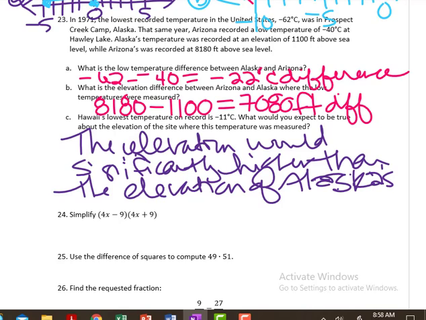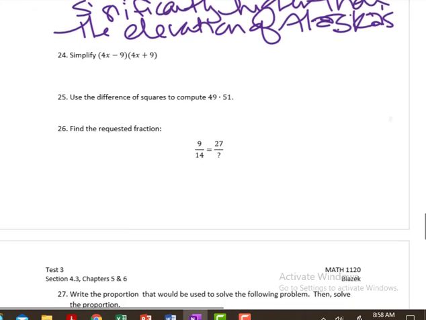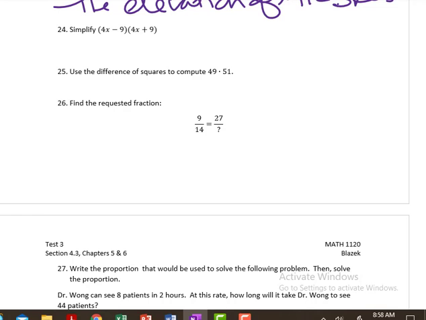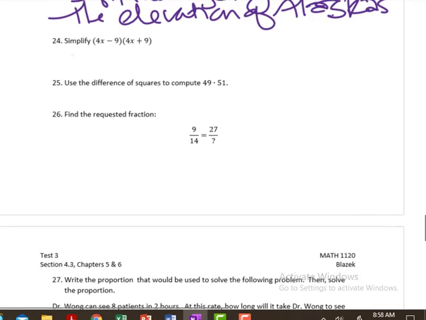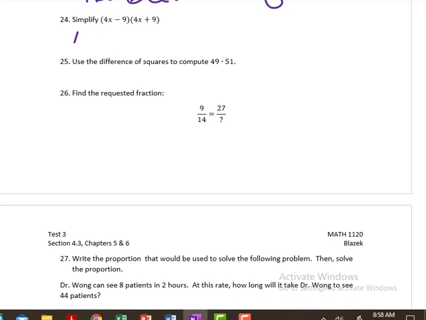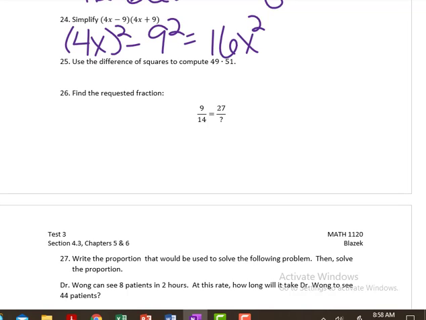Number 24, simplify. So what we're looking at in 24 is the multiplication of two binomials, but there is a pattern. This is a sum and difference, which means we look at the first term squared minus the second term squared, or 16x squared minus 81.